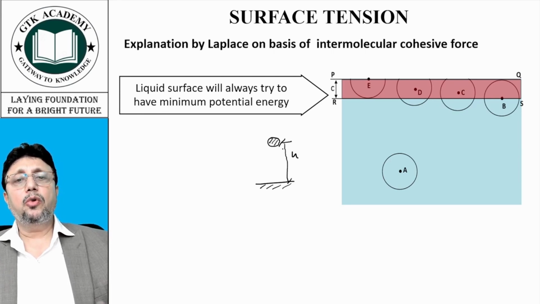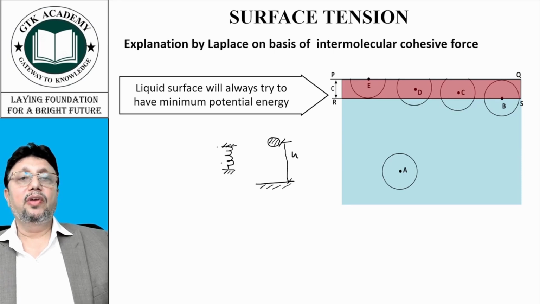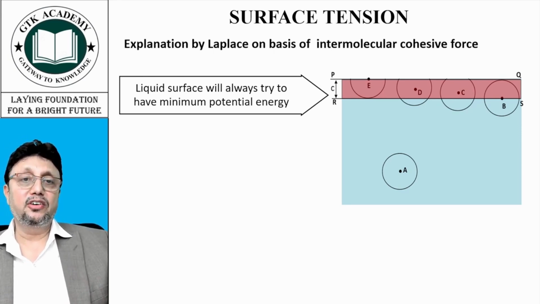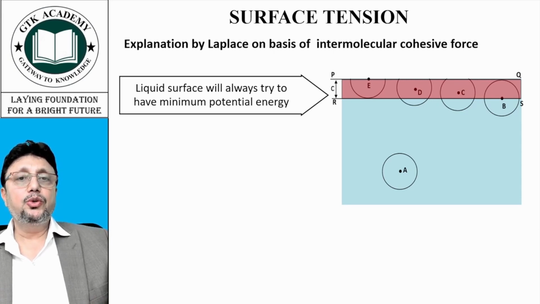You just leave that ball, it will fall to the ground, meaning it will try to minimize its potential energy. Or you compress a spring. Once you leave it, it will again try to come to its position, because once you compress it, you increase its potential energy. So every system will try to have minimum potential energy.